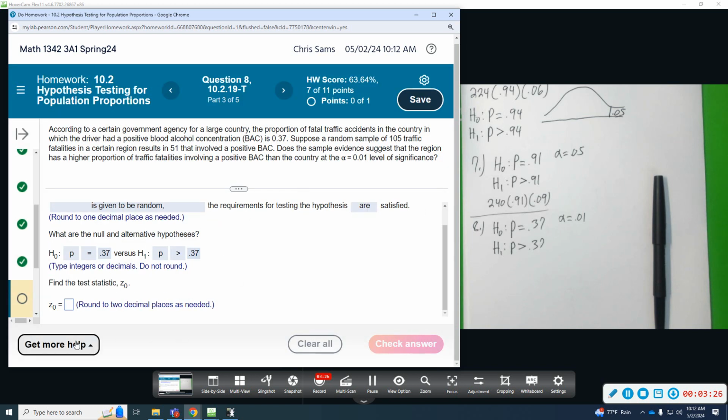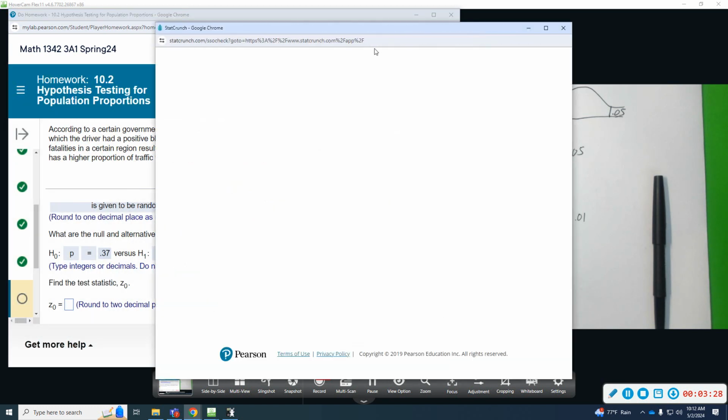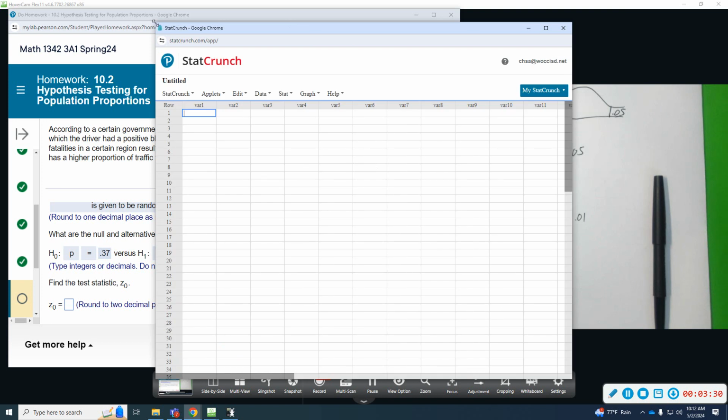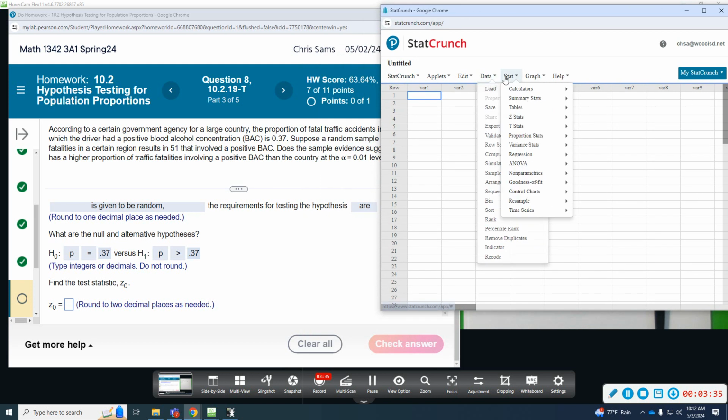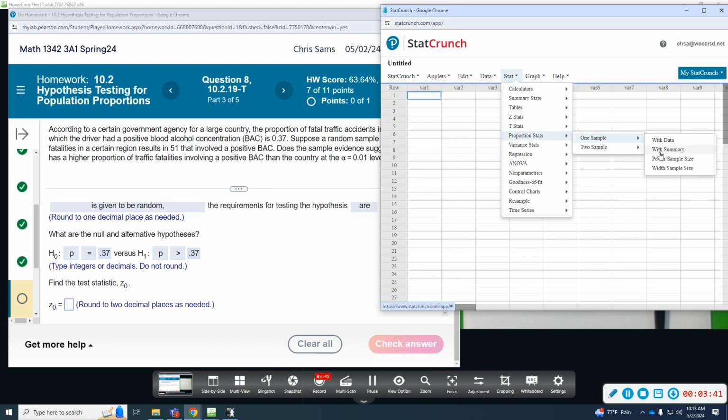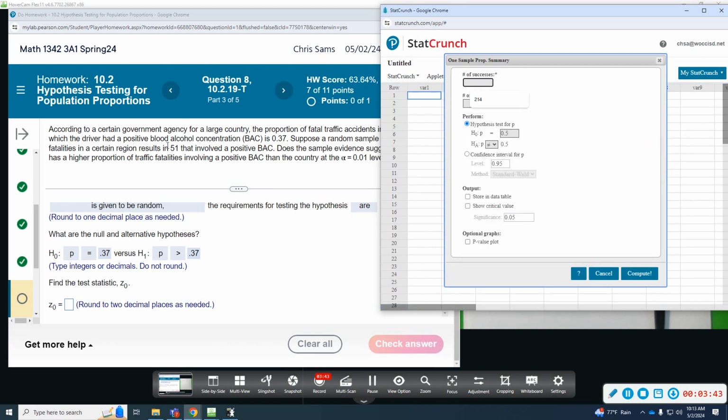The Z stat, we're going to do StatCrunch. I'm going to go to Stat, Proportion, One Sample. Number of successes was 51, which is not really a good thing, finding high BAC. And then 105 was our sample size.